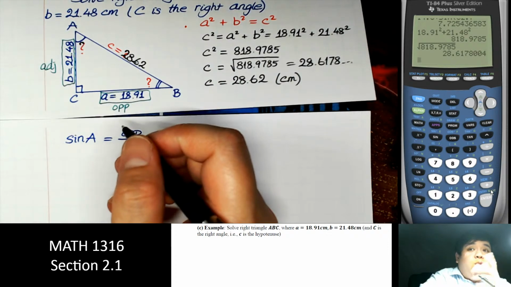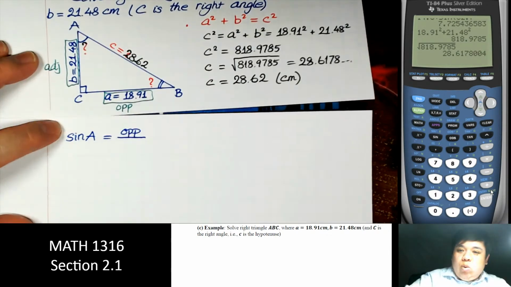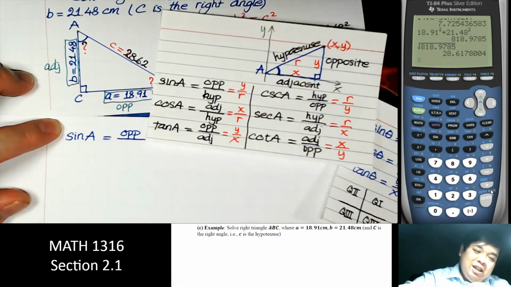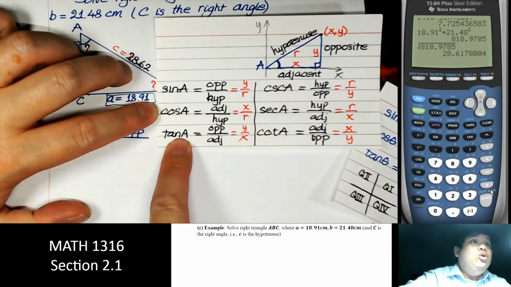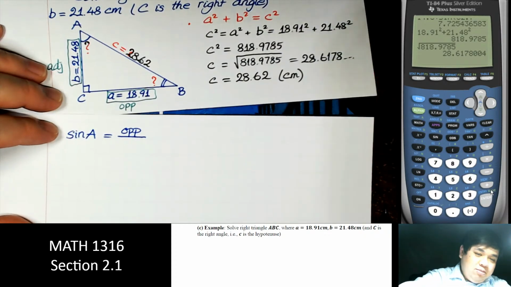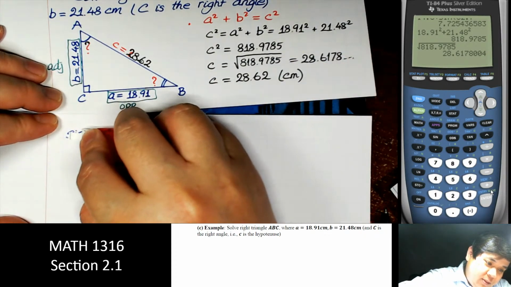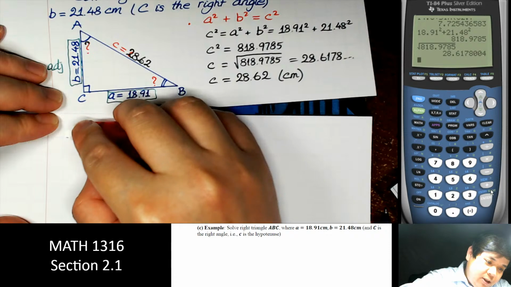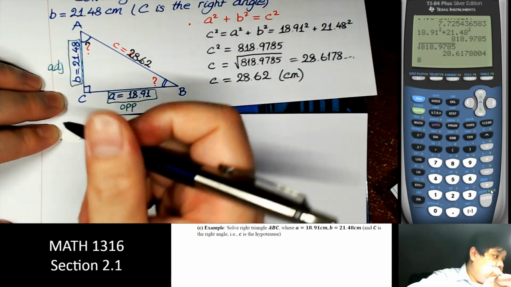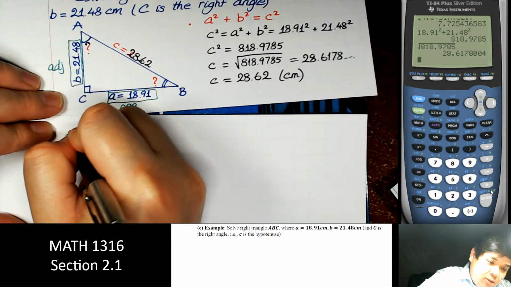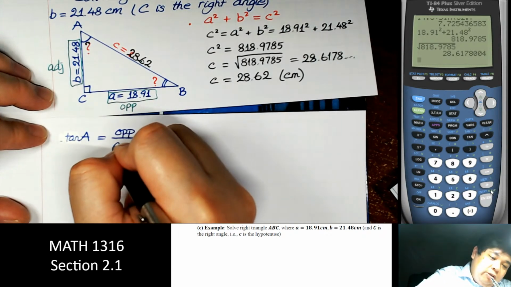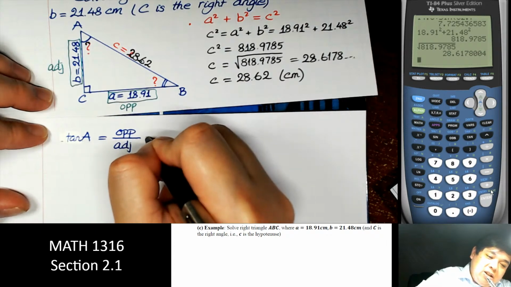sorry, we cannot use sine. What ratio has opposite and adjacent? That could be tangent. Opposite over adjacent, so we have to use tangent. Opposite over adjacent, that is tangent.